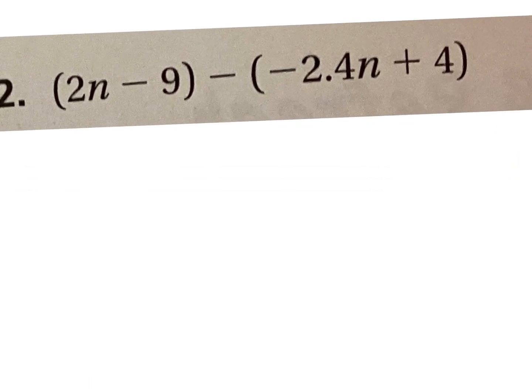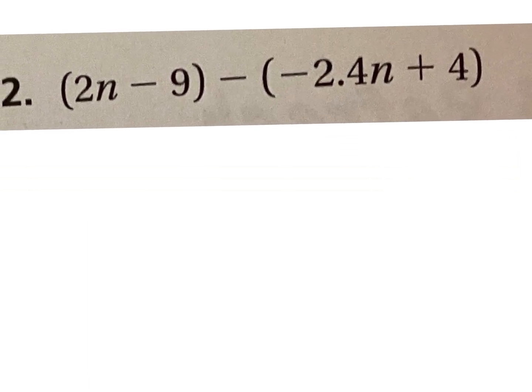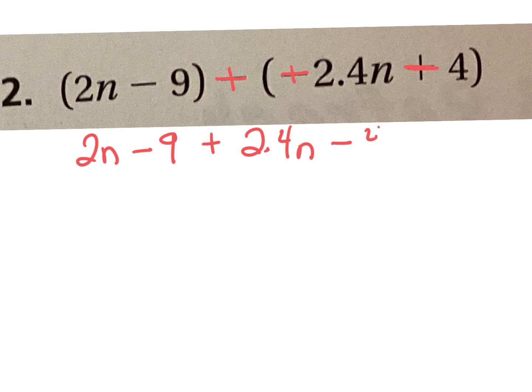Another one, number 22. Again, it's subtraction. So when I see subtraction, I like to add the opposite. Change that to adding. I have to make this the opposite, and I have to make that the opposite. So now I have 2n minus 9 plus 2.4n minus 4.